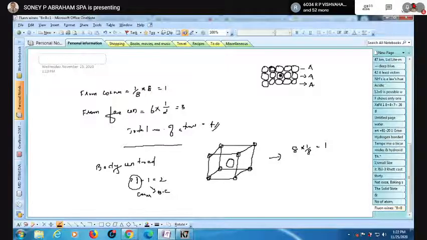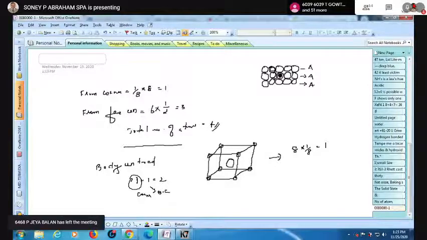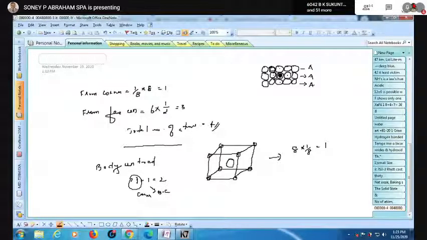Now take this atom at the center. It is in contact with how many more? 1, 2, 3, and 4. If you join the centers of the 4 spheres it is in contact with, what geometrical shape do you get? Square.